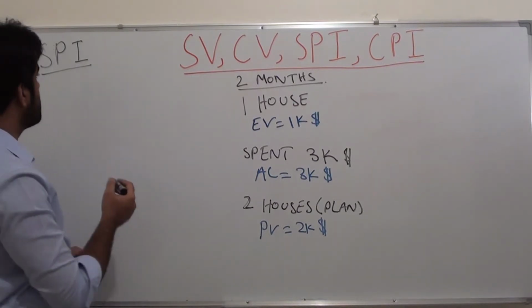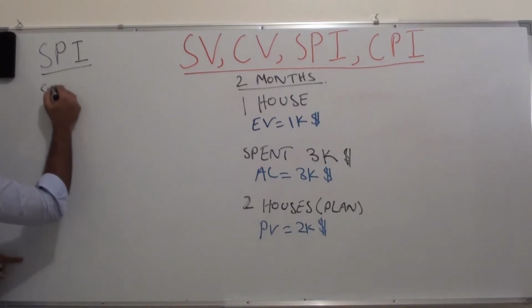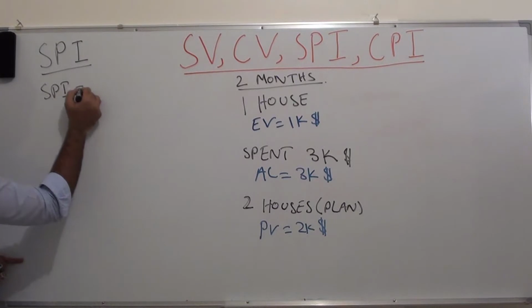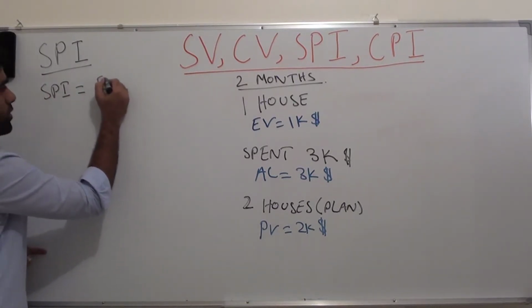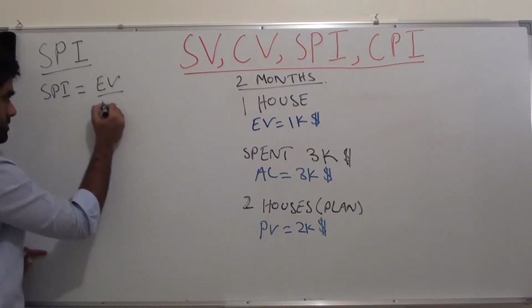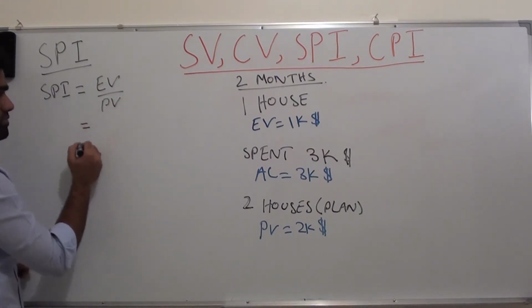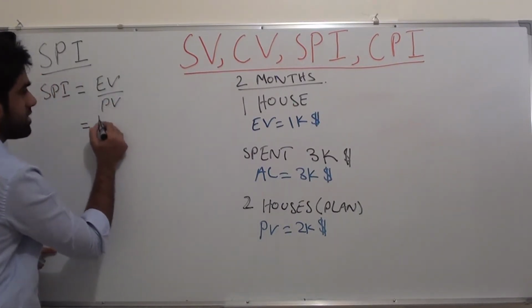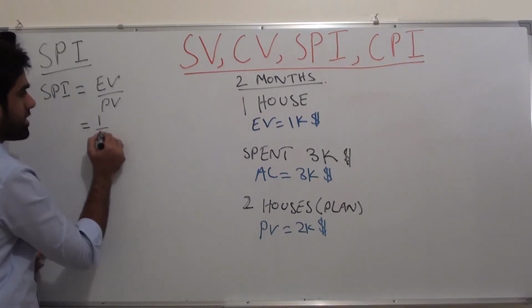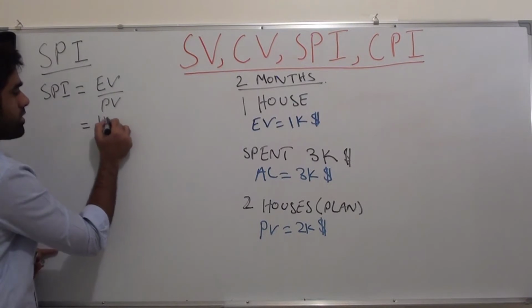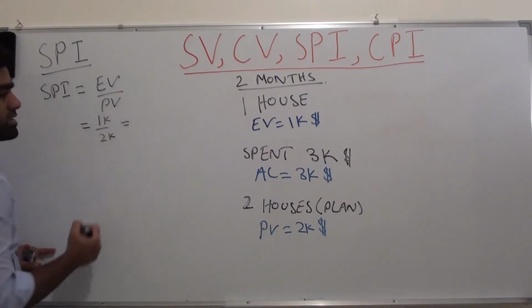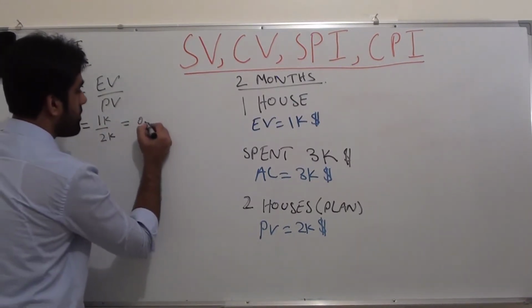It uses the same variables but in division. We divide earned value by planned value. So earned value is 1000 divided by planned value 2000. This is equal to 0.5.